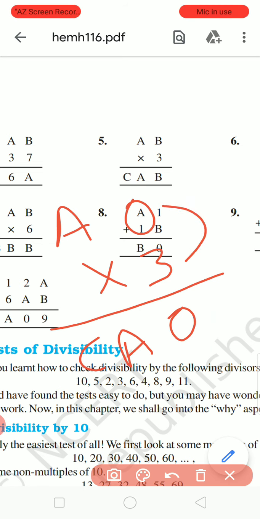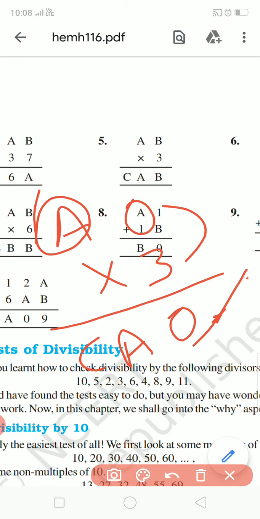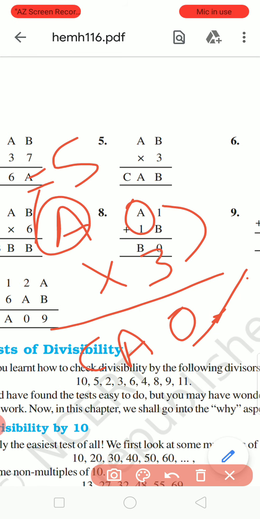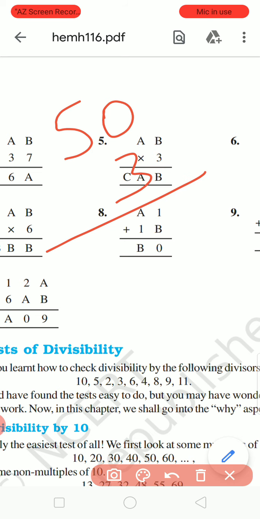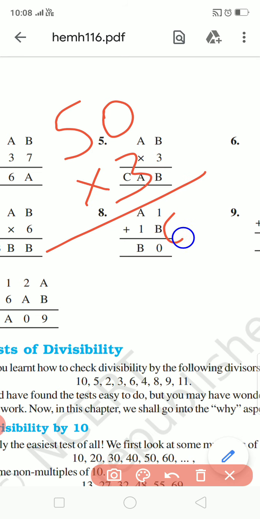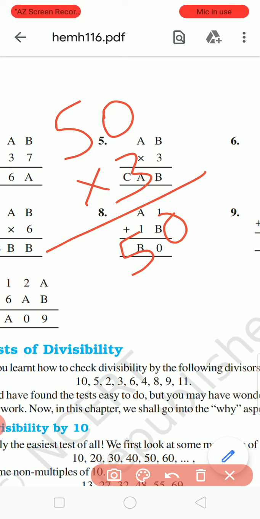Yes, 3 zeros are 0. You can write here 0. So instead of A, if I write 5, then what will it become? It will become 5, 0, 3 multiplied by 3, and you will get a 0, and A same must be written here, and C can be any number.